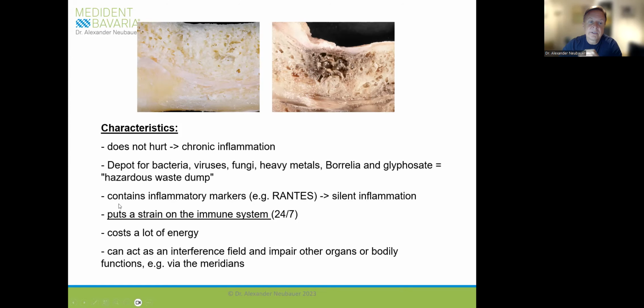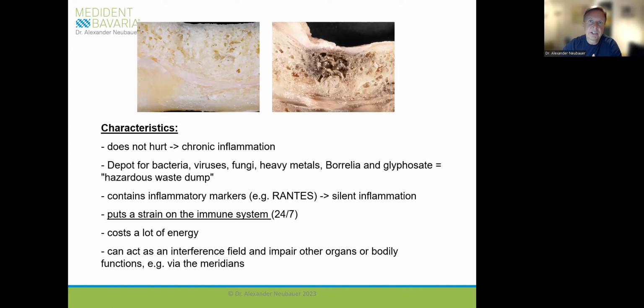Also in the cavitations, there are inflammatory markers, for example, Rantes. Maybe you have heard already about this marker. Rantes is an inflammatory marker which leads to silent inflammation. This means your whole body system comes to the state of a silent chronic inflammation, which is not good because this puts a lot of stress and strain on your immune system for 24 hours, 7 days a week.